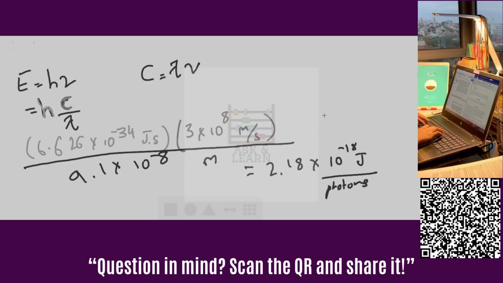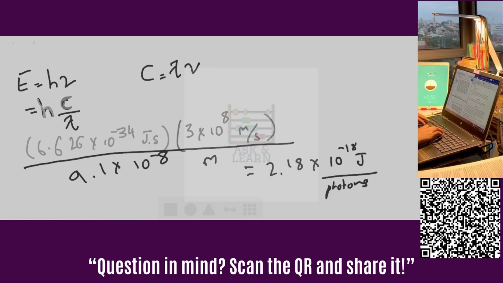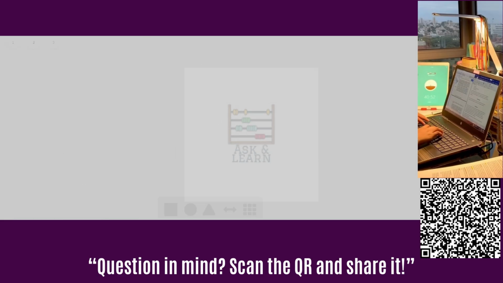All right, so let's go back and take a look at our question. Our question says kilojoules per mole. So let me add a new screen. I want to rewrite that earlier number, 2.18 times 10 to the negative 18. This is joules per photon. To change it, we have to convert to kilojoules.